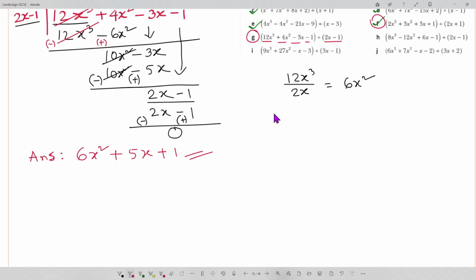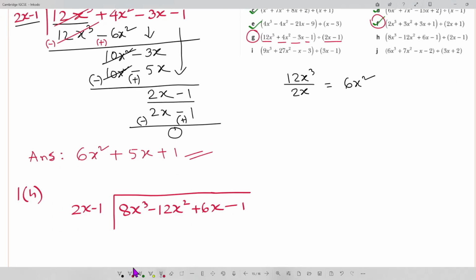In this video I am trying to solve 4 maths questions. Question A is 8x cube minus 12x square plus 6x minus 1, which we will divide by 2x minus 1. So first, 8x cube by 2x we will get 4x square.